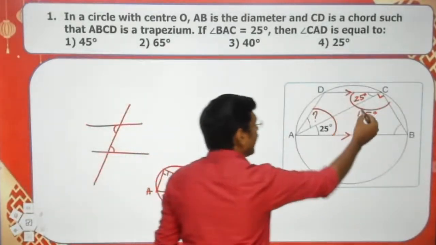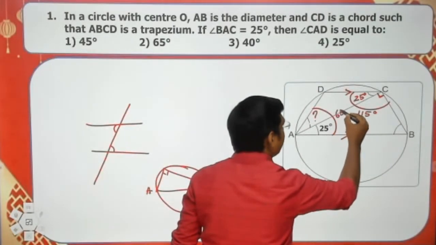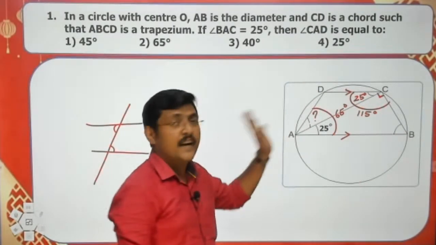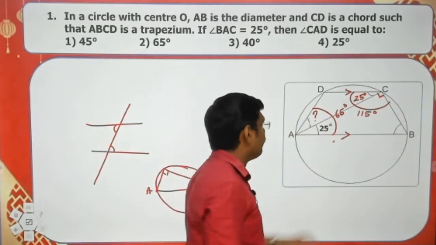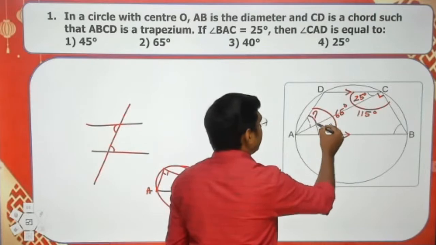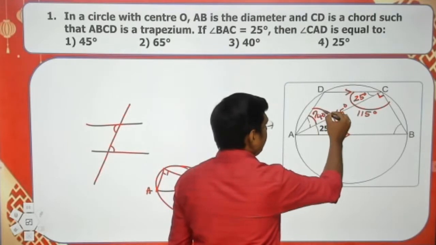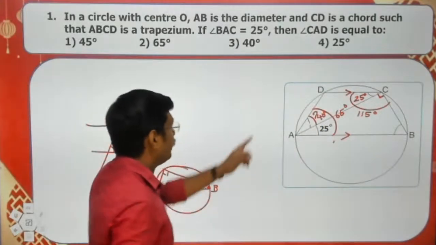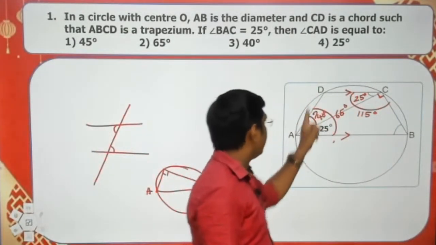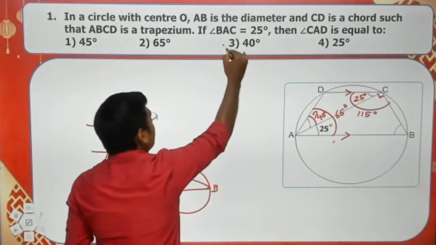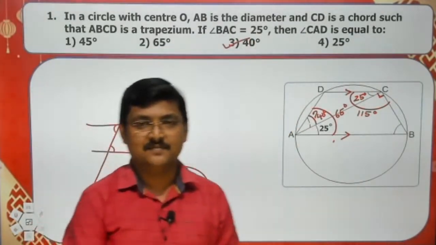That means 115 plus 65 degrees will give 180 degrees, right? So if the whole is 65 degrees and this is 25, then for sure we can say that this is 40 degrees, and that is what we need to find, right? So for this question, angle CAD, we will get option number 3, 40 degrees, as the answer.